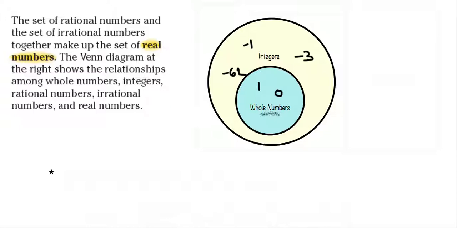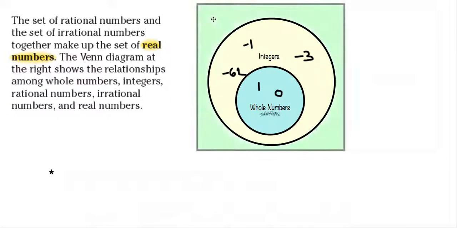Moving on. After we have that, we make this bigger. So now we have the set of rational numbers. In the set of rational numbers, you have integers and whole numbers. What does this mean? It simply means that all whole numbers are rational numbers, all integers are rational numbers, but not all rational numbers are integers, and not all rational numbers are whole numbers.